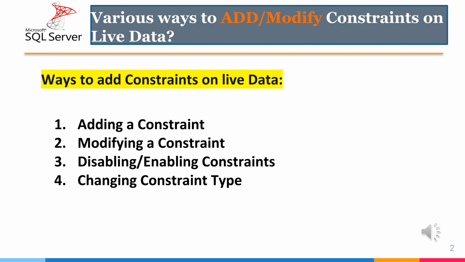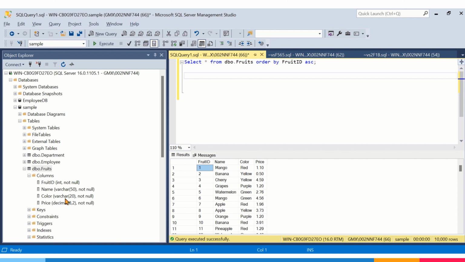You can see the fruit ID, which is an integer, name, color and price. There is no primary key on this table, and I have also inserted 10,000 records in this fruit table. You can see the 10,000 records are present with names, colors and price.